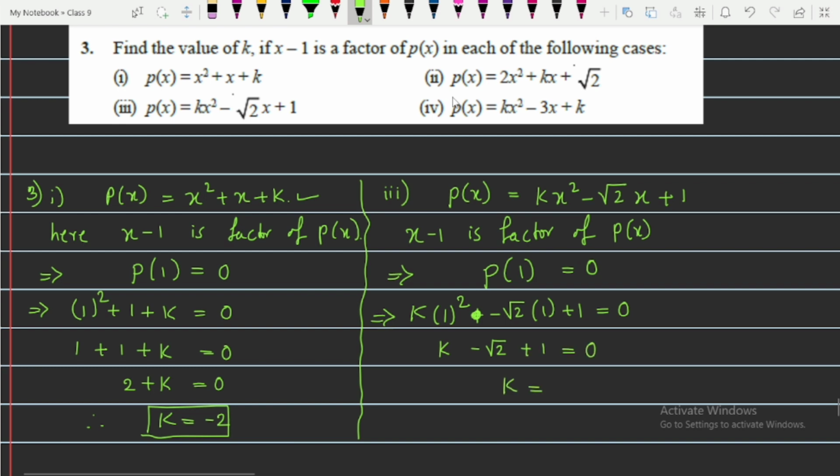So k value is, you can move these terms to the RHS side. So minus root 2 will become plus root 2 and plus 1 will become minus 1. So k equal to root 2 minus 1. So this is the value of k when x minus 1 is a factor of p of x. Okay, so in this way you can complete the remaining two sums. So simple, you can simplify and get the value of k. Okay, yes.